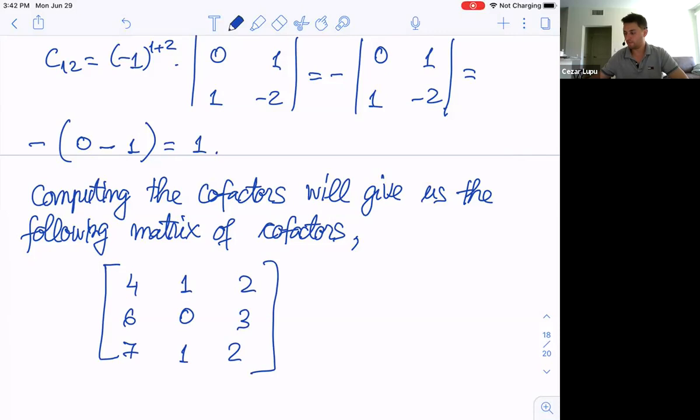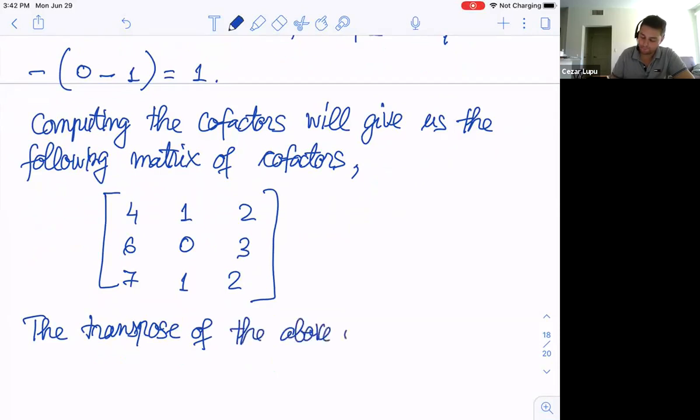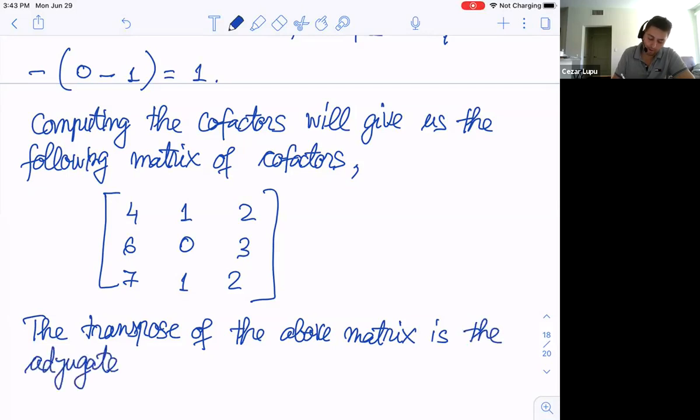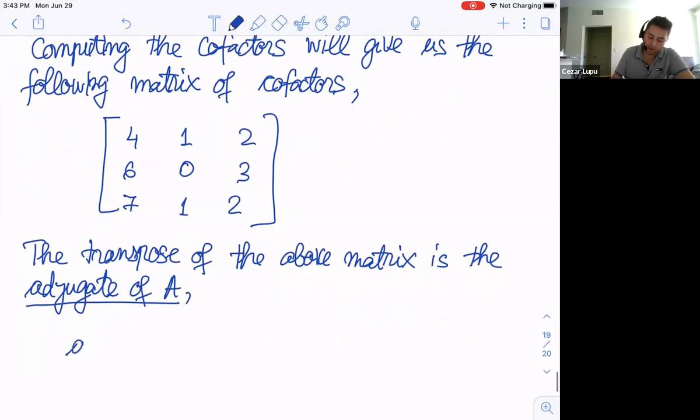Okay, so this is the matrix of the cofactors, and the transpose of this matrix of cofactors is the adjugate of A. So we're just going to transpose this matrix.